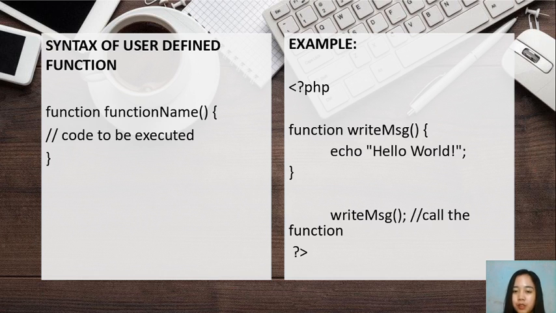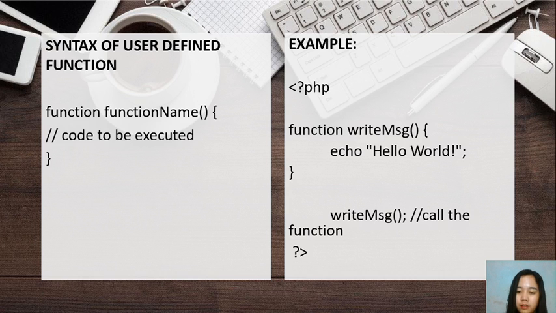Then the example below has a function named writeMessage. The open curly brace indicates the beginning of the function code, and the close curly brace indicates the end of the function. The output is hello world.